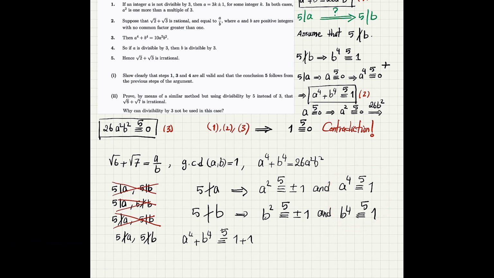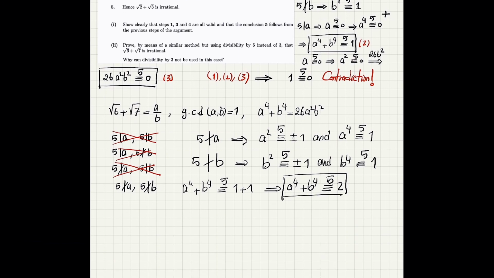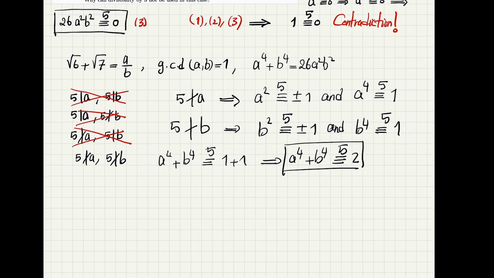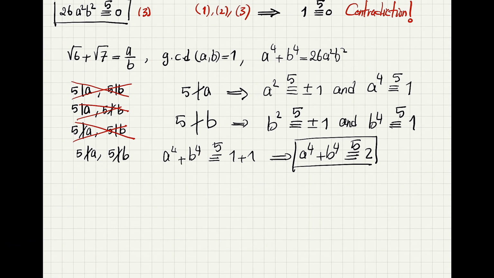Then what I get is that A to the 4 plus B to the 4 is congruent to 2 modulo 5, so let us keep it. Okay, but then what can I do for the right hand side, 26A squared B squared? So let me simplify this expression.